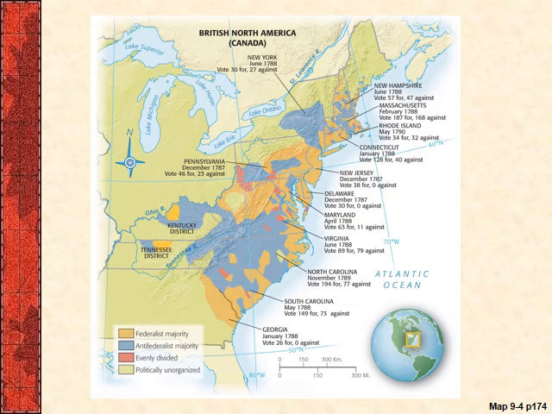So here is the hotbed of Federalist and Anti-Federalist concerns. You can see in certain states, like North Carolina, South Carolina, you got lots of anti-federalists. You got a ton of anti-federalists here in New York as well. And you can see the vote ends up being really close, 30 to 27.